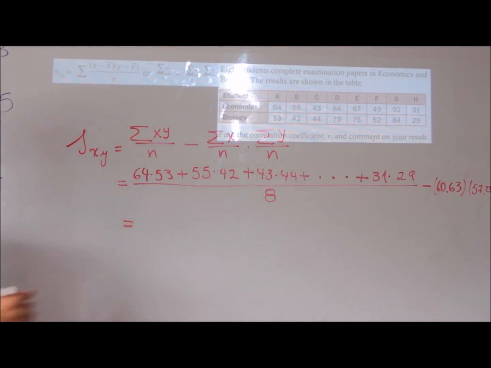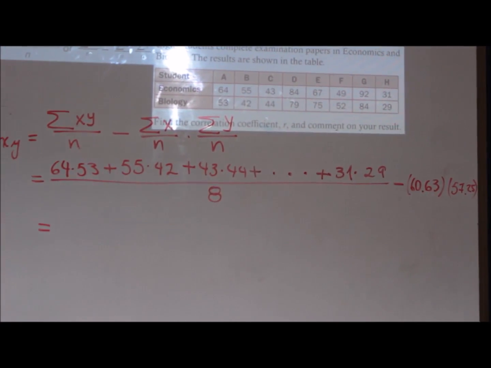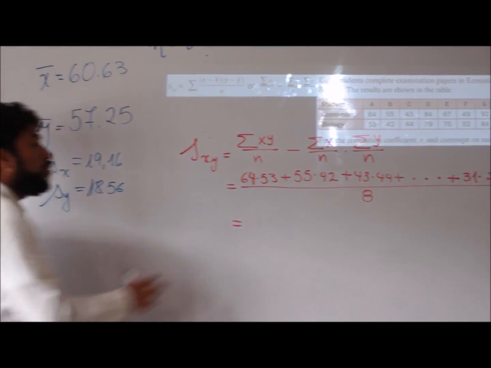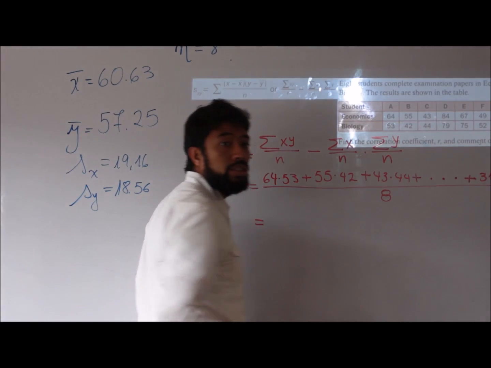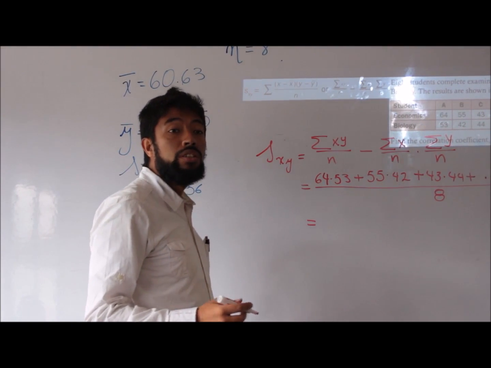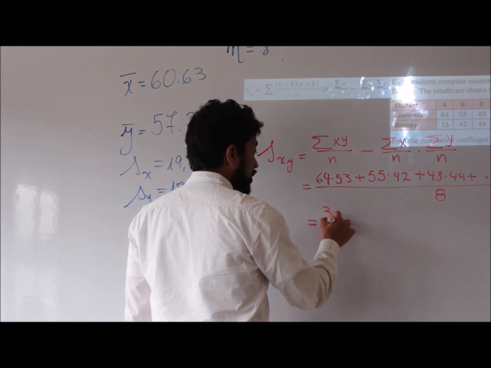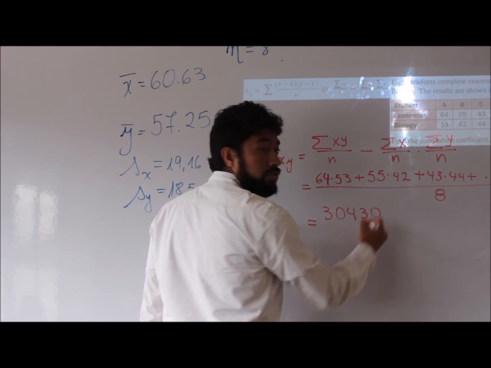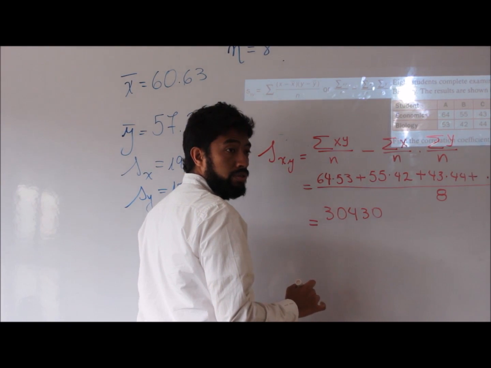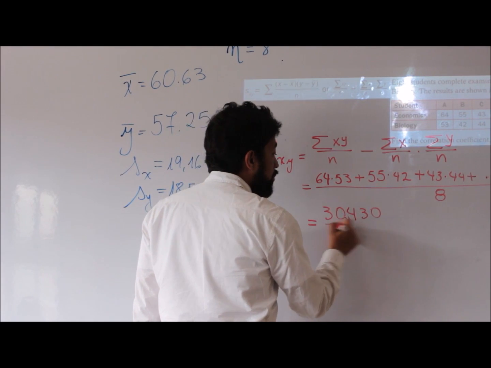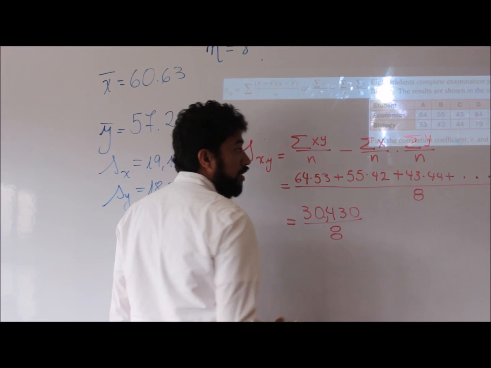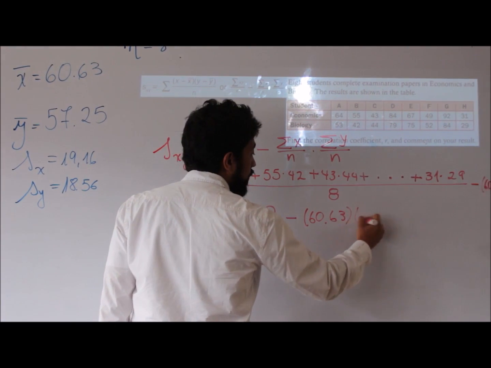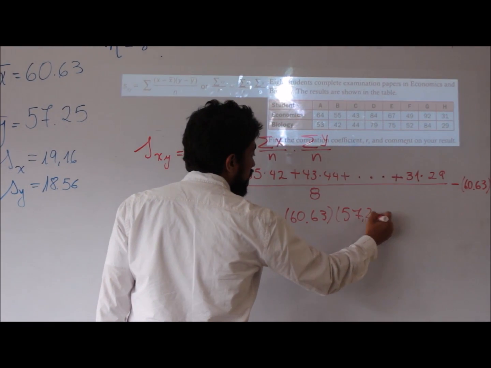Now, what is the sum of XY that you have performed in your calculator? What is this plus this plus this plus this? 30,430. Yes? Divided by 8. Minus 60.63 times 57.25.